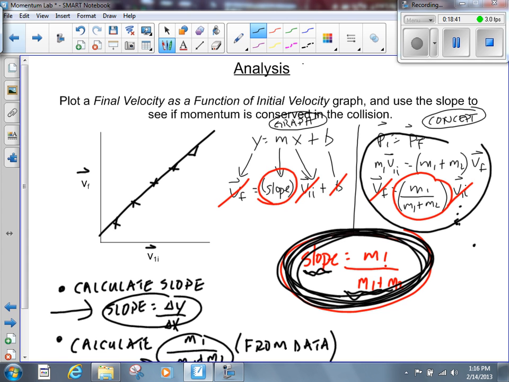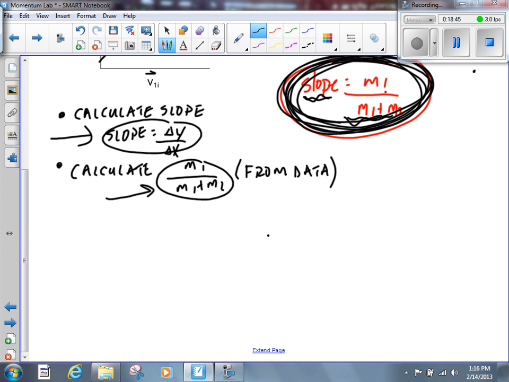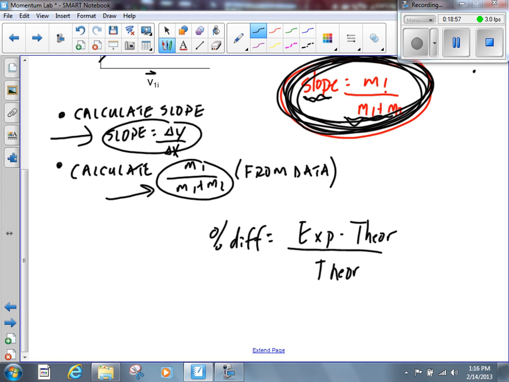Let's do a little percent difference. You guys have probably done that in chemistry class, right? Percent difference is equal to the experimental value minus the theoretical value over the theoretical value. Remember this? Times 100. Sometimes it's written as actual value minus theoretical value. You guys have seen this before, right? Experimental minus theoretical, yeah. Tell me which one's the experimental value.